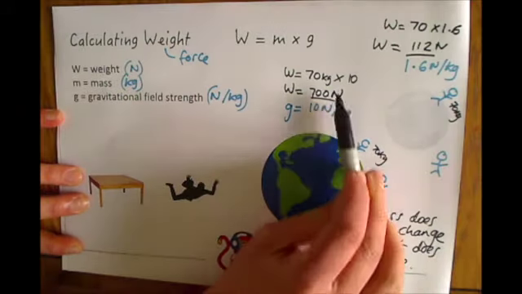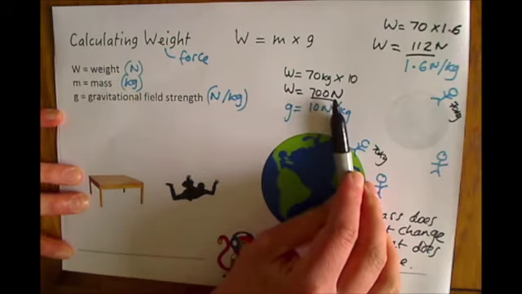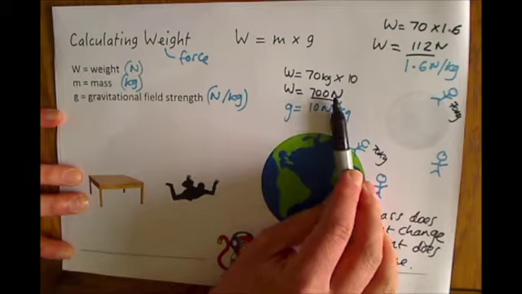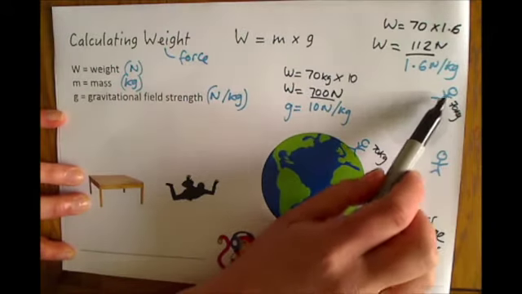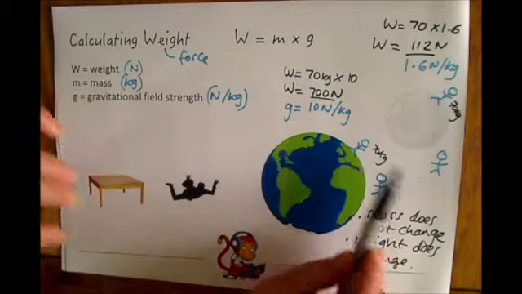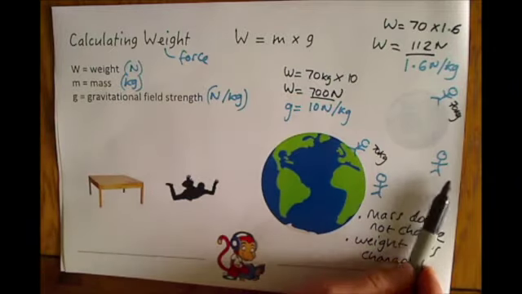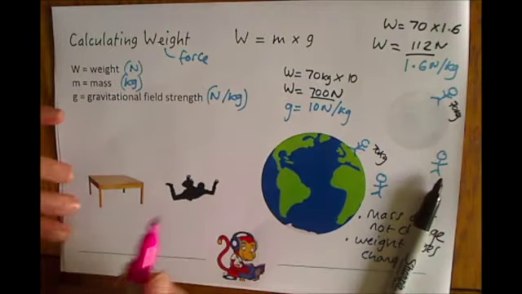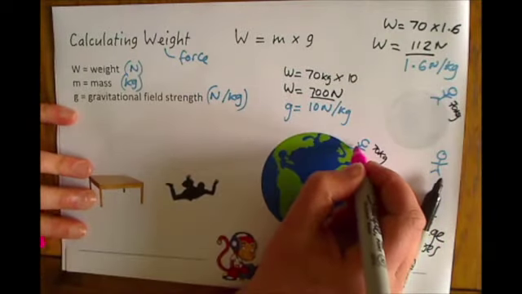Because if you remember, we said before the weight is a force, that's why we give it the units newtons, and the weight is the force with which that man is being pulled towards either the Earth or the Moon. So we can put an arrow on here to represent the weight.